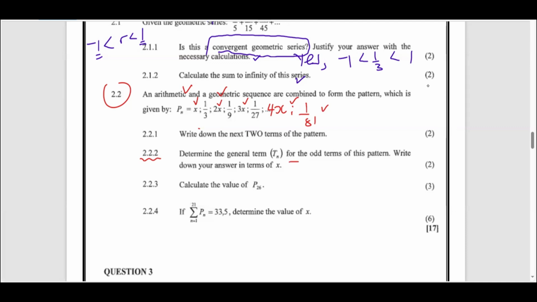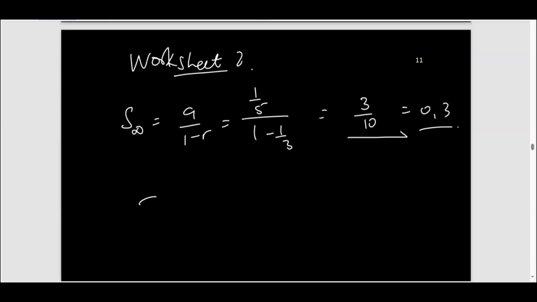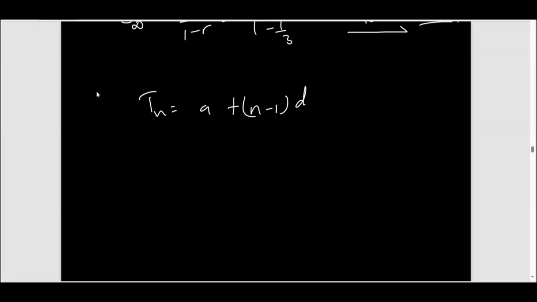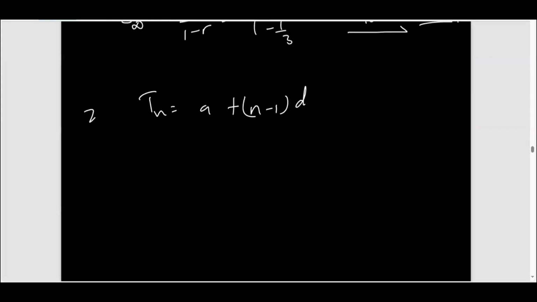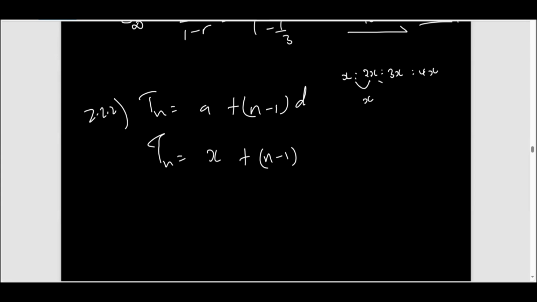So Tn is equal to a plus n minus 1 times d. Our first term is x. What's the common difference? It's 2x, we have 3x, we have 4x. First one was x, so our common difference is just x.